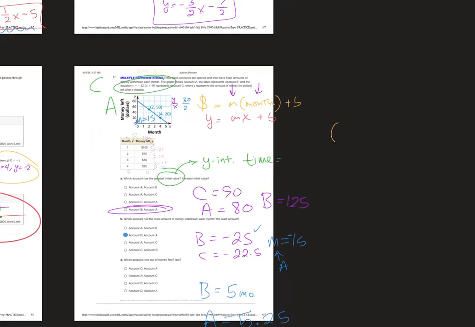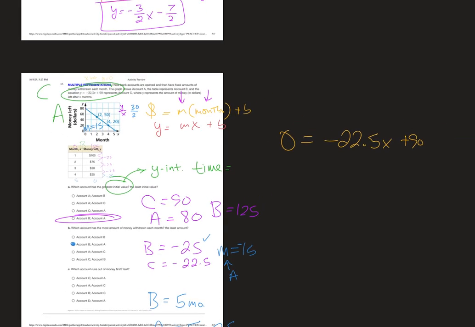We're going to have 0 equals negative 22.5x plus 90. Okay? This is because we plugged in y equals 0 because we want to know what's x. So subtract 90. Negative 22.5x. We're going to divide by 22.5.